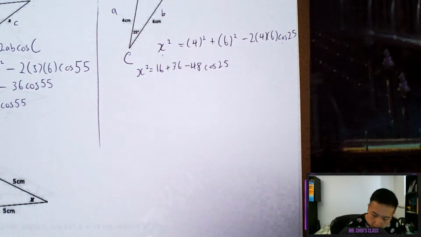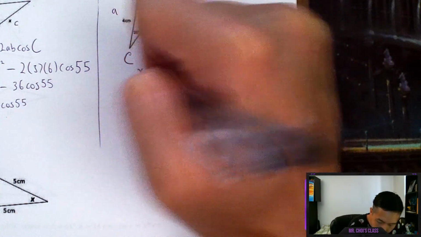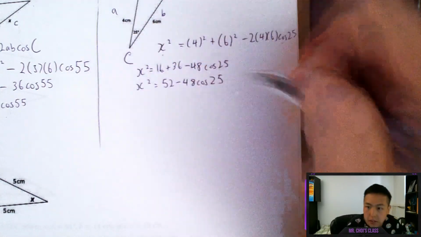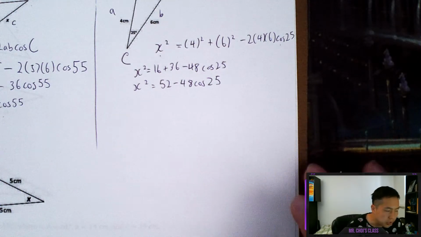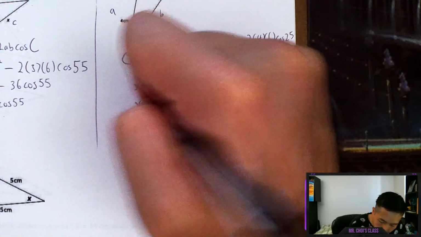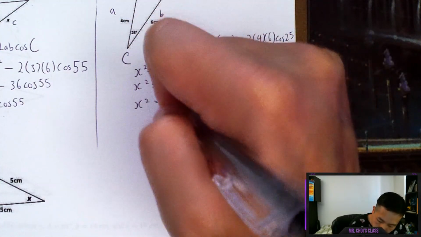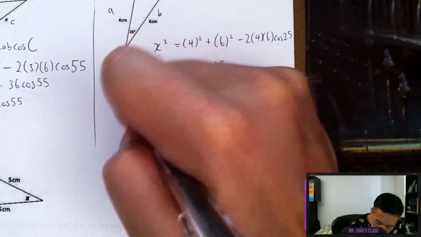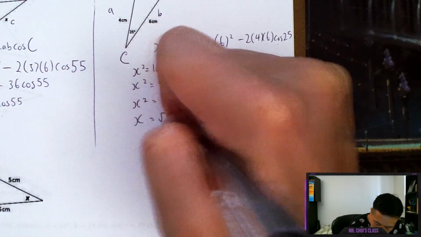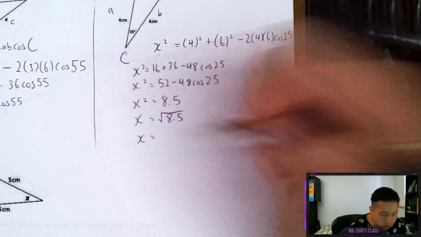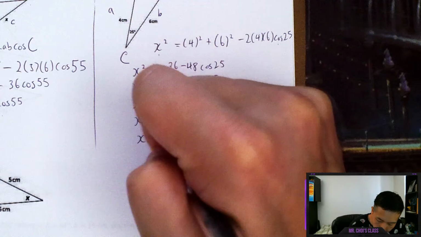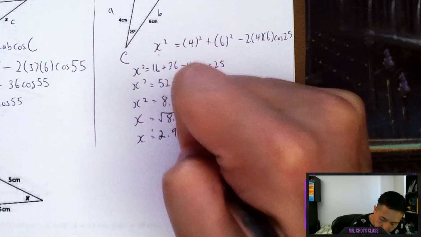Solving that out, we're going to get 52 minus 48 cosine 25. And then we can go right into our decimal here, which should give us 8.5. Square rooting both sides is going to give us x, which is approximately equal to 2.9 centimeters.